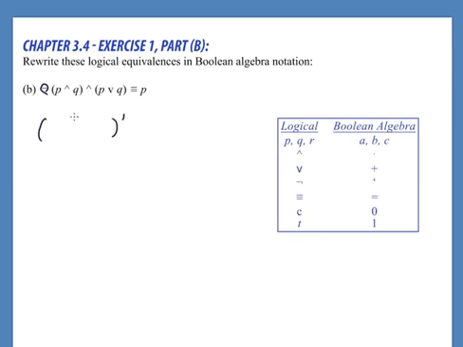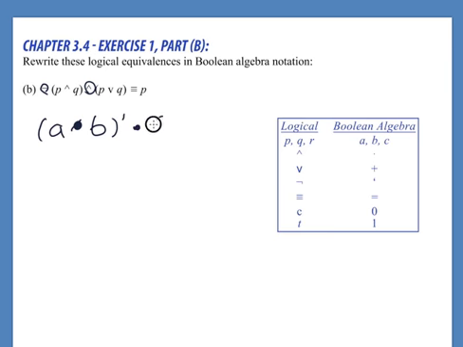If you go inside, the P is equal to A. The and is equivalent to dot. So sorry, this is a dot. And the Q is equivalent to B, so this turns into B. And is another and, so that is a dot again.